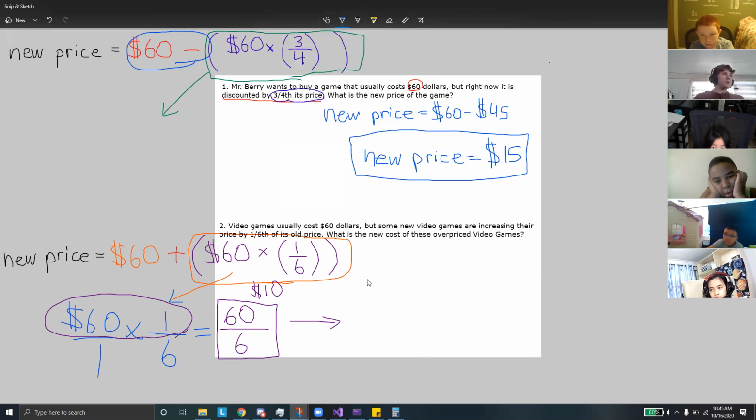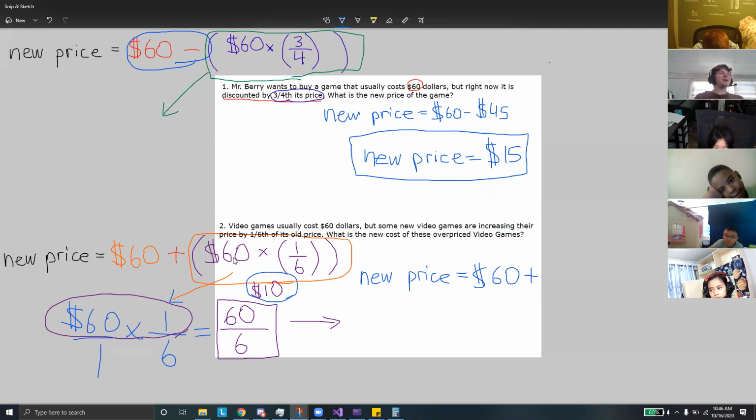new price is equal to, and so remember, we have to include the original price because we have $60 plus how we're changing it. So the reason it's plus is because it's increasing, and we're increasing it by $10.